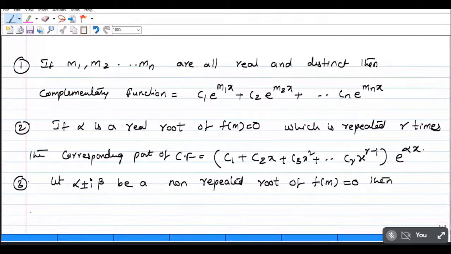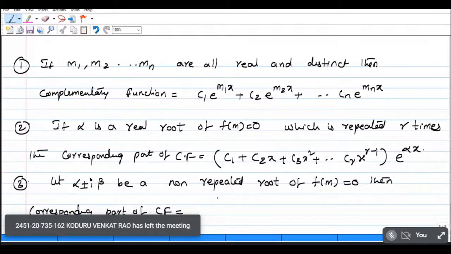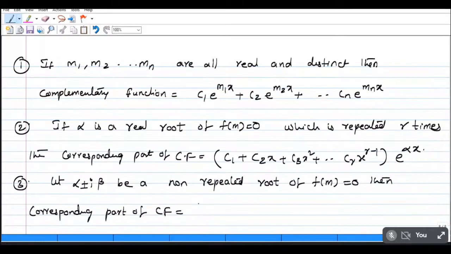Then the corresponding part of the complementary function is equal to e power alpha x into c1 cos beta x plus c2 sin beta x.